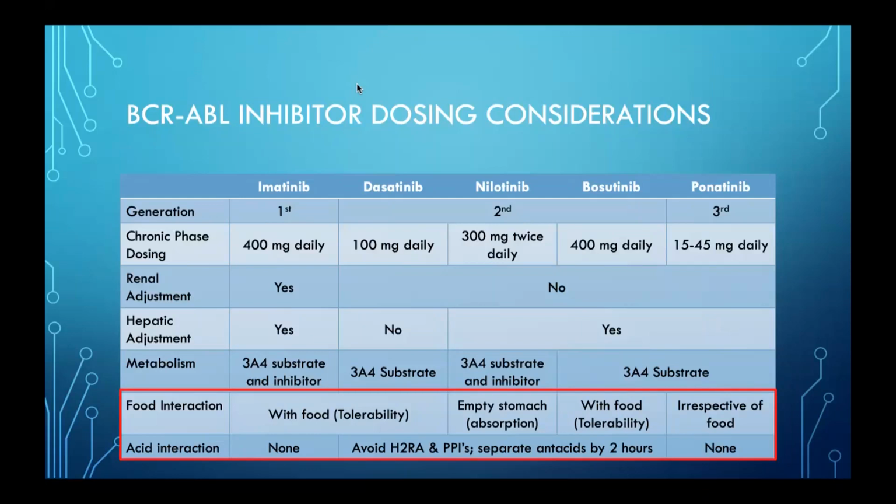And then from an acid interaction standpoint, the entire second-gen agents will all require an acidic stomach for absorption. And so the recommendation is to avoid H2RAs and PPIs completely with these agents.